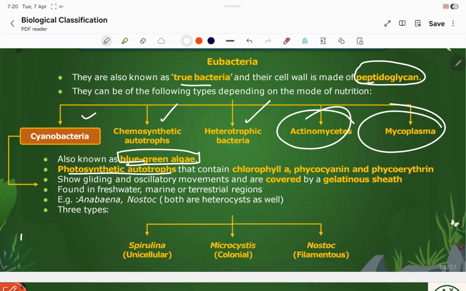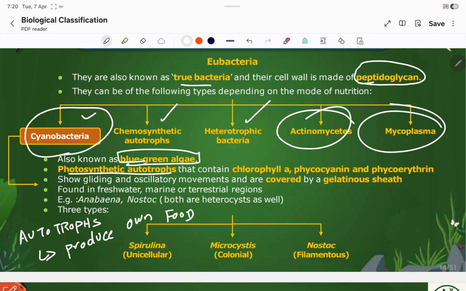Autotrophs can produce their own food, and they are photosynthetic in nature, means they can produce their food with the help of photosynthesis. That comes under cyanobacteria or blue-green algae. Examples are Anabaena, Nostoc, etc.